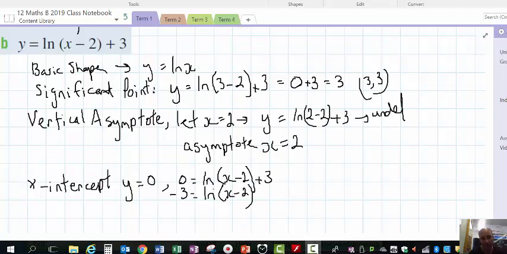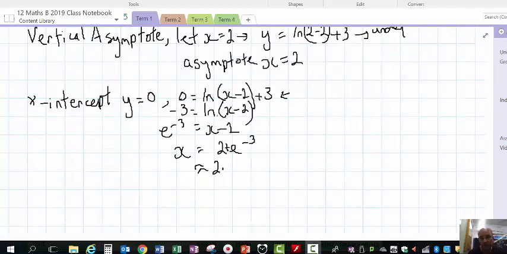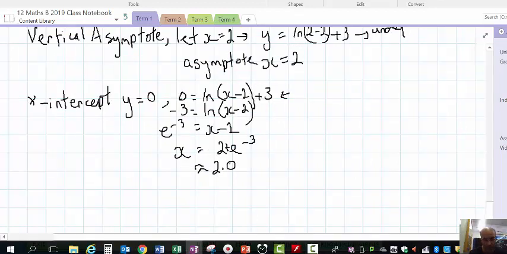So we're now looking at the intercept. Just showing a bit of working there, the x-intercept is when y equals 0. So we've got 0 equals the expression for y subbed in there. Take 3 off both sides, and remember natural log is log to base e, so we've got e to the negative 3 is x minus 2, and then lastly we rearrange and calculate.